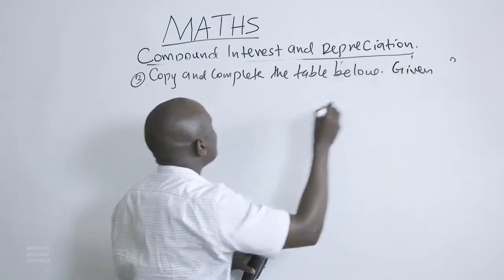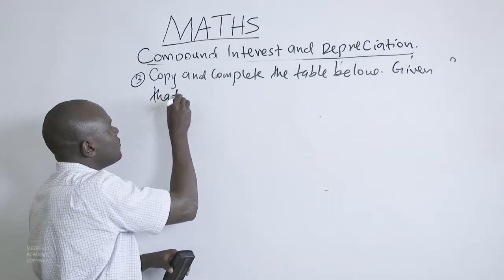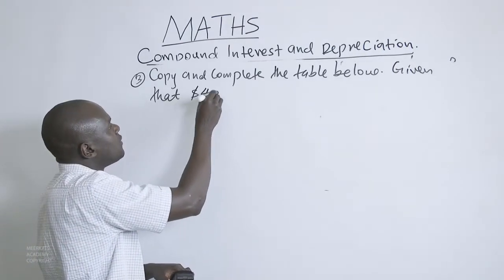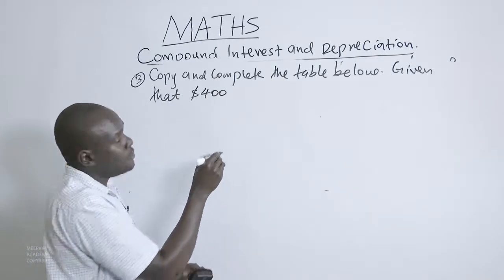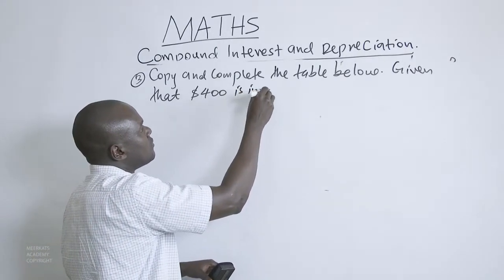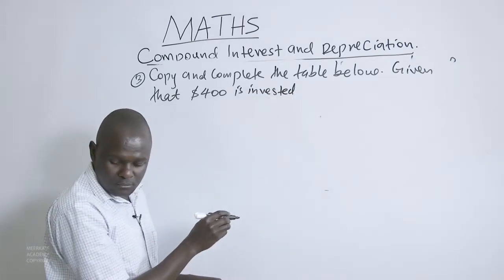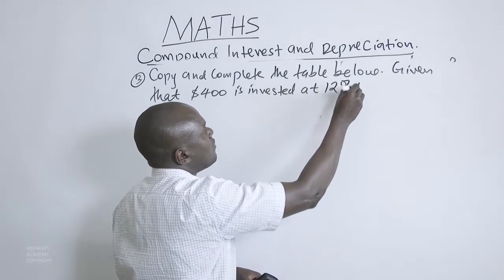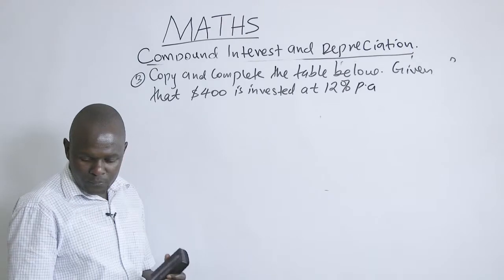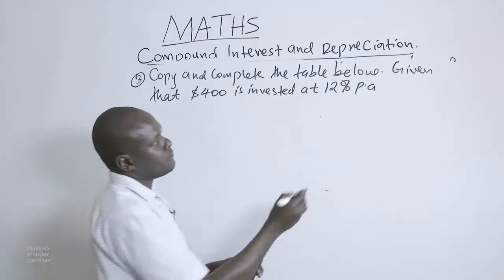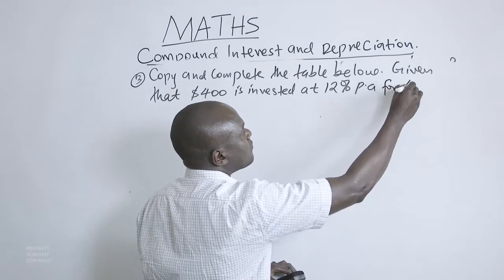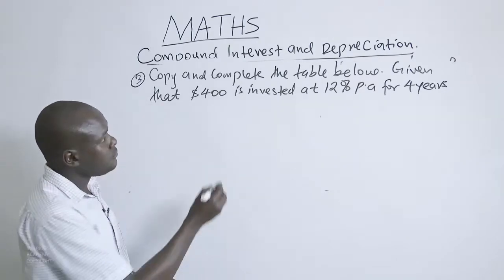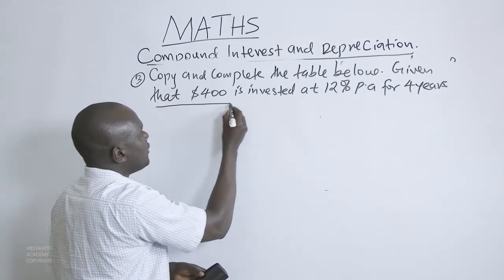Given that $400 is invested at 12% per year for 4 years. This is the table we are having.